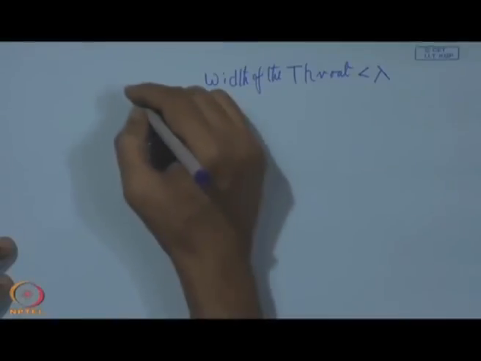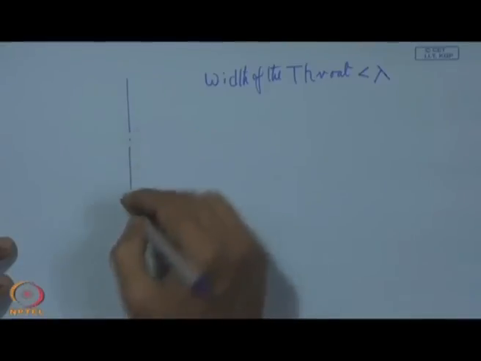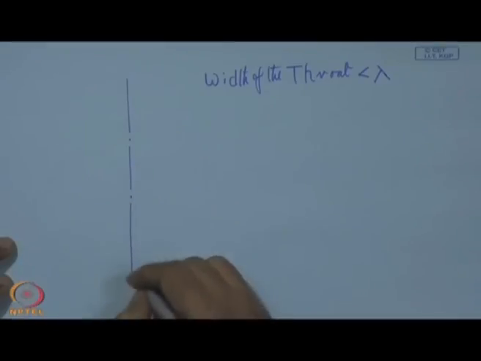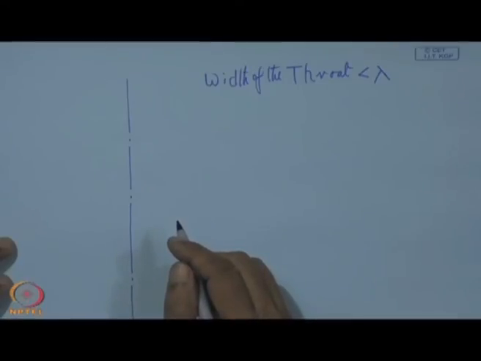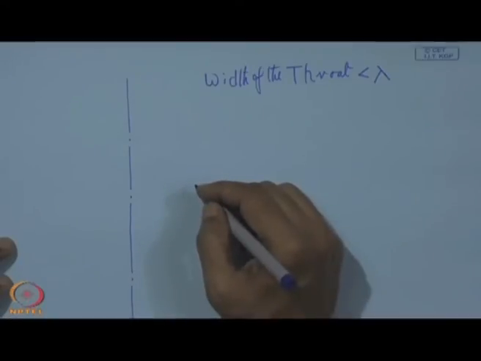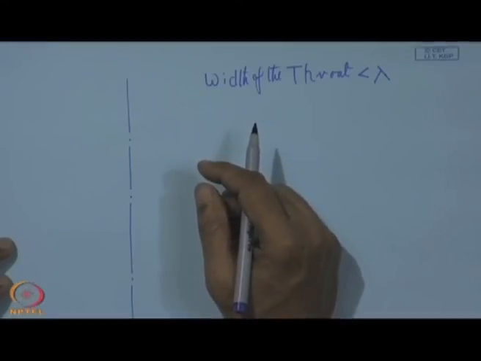What we can see just by looking at the construction of the diffusion pump is the creation of the oil vapor, and then this oil vapor will be deflected through a nozzle, through a slit, thereby attaining a supersonic speed.